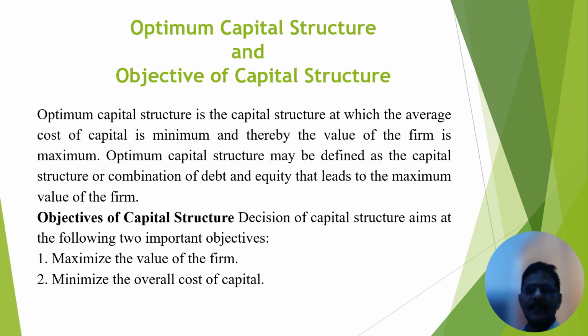Now, after that, the objective of capital structure. Here we have two important objectives. If we are framing any capital structure, then in our mind we have two objectives: one is to maximize the value of firm and minimize the overall cost of capital.